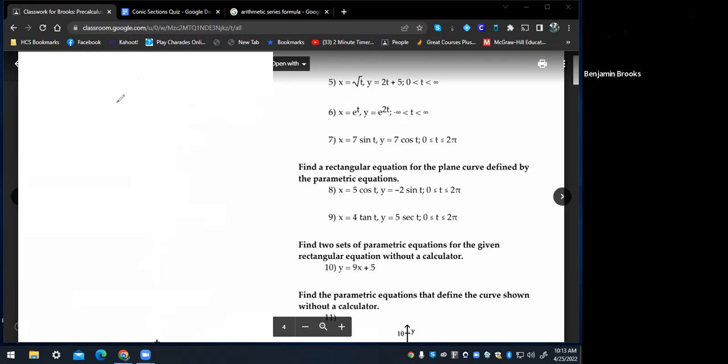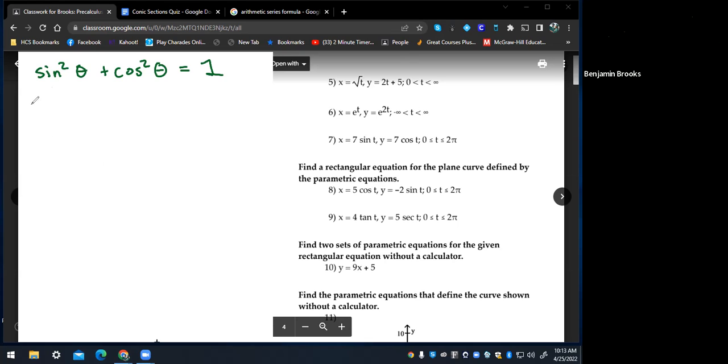Would you all not agree? Because you're going to end up with cosine inverse or sine inverse, and we don't like those. So what we're going to do instead is use the fact that sine squared theta plus cosine squared theta equals what, guys? 1.